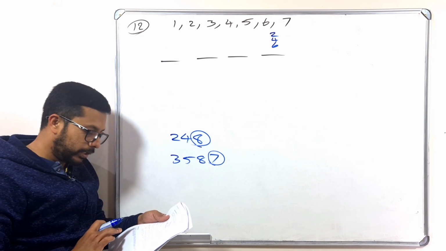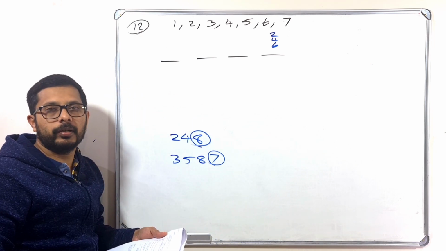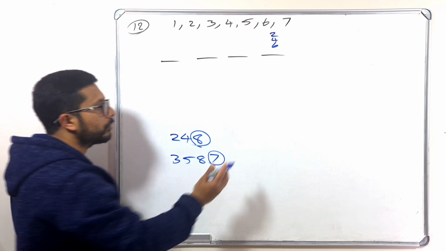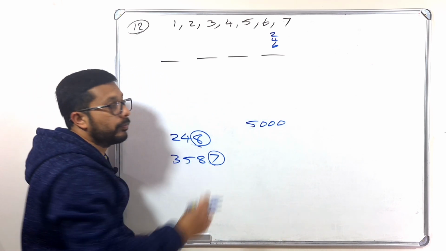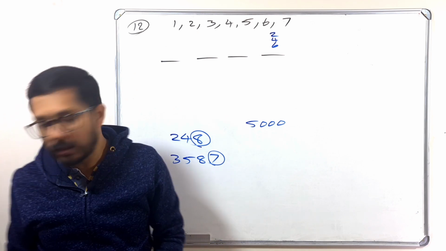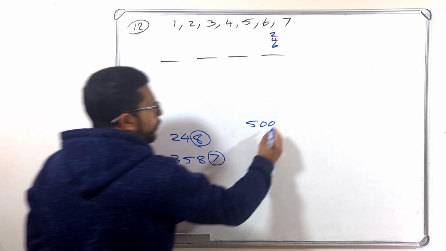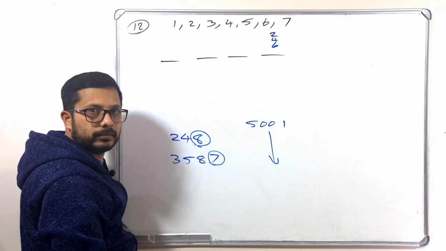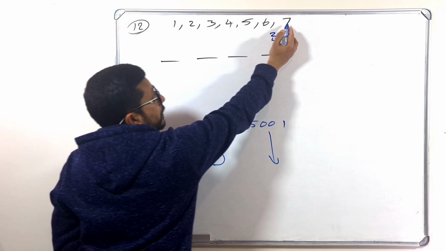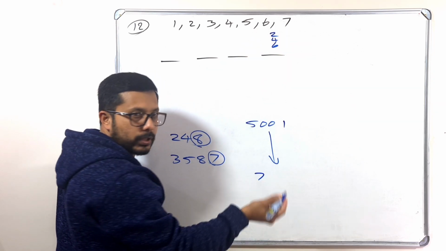Then what is the next condition? Bigger than 5000. Bigger than 5000 means not 5000, it starts from 5001, up to 7 as the highest number, so it is 7000 something.